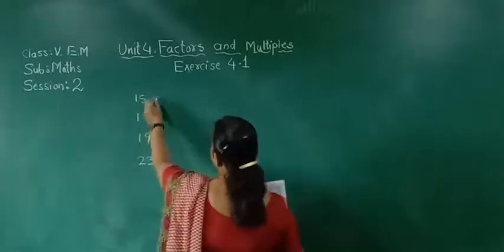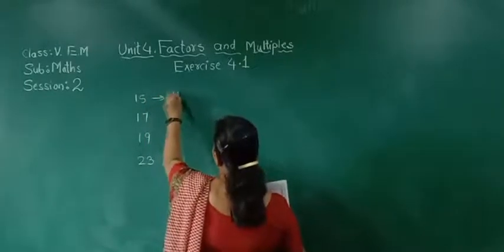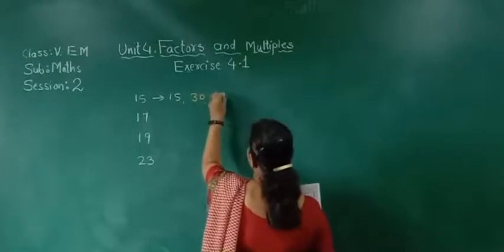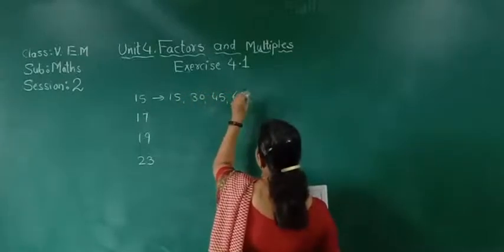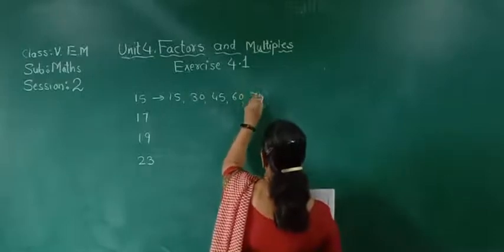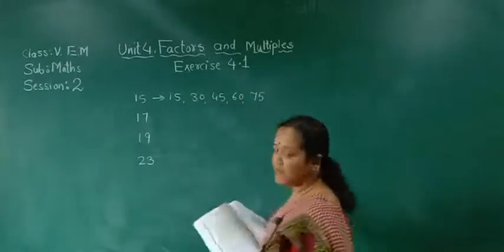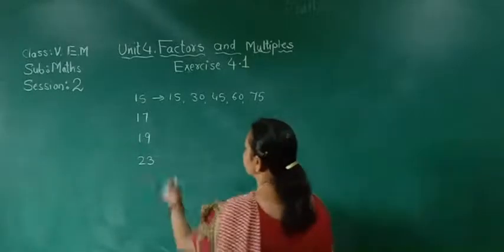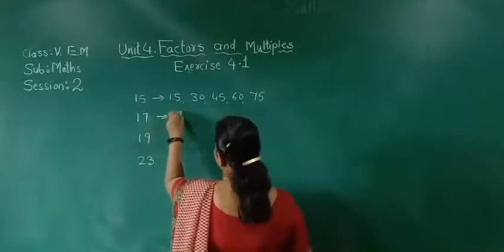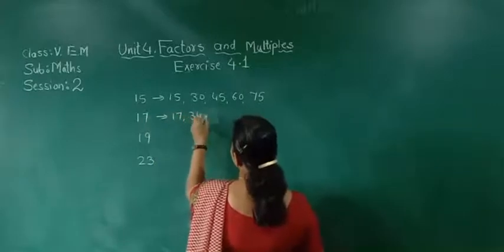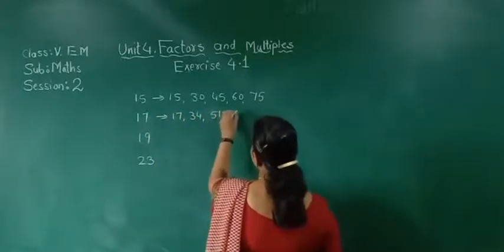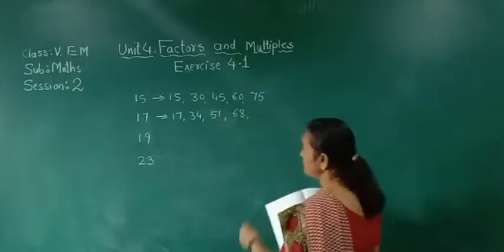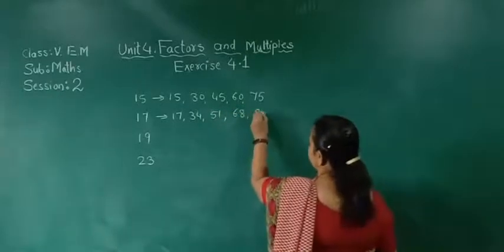So here 15 ones are 15, 15 twos are 30, 15 threes are 45, 15 fours are 60, and 15 fives are 75. These are the 5 multiples of 15. Similarly, 17 ones are 17, 17 twos are 34, 17 threes are 51, 17 fours are 68, and 17 fives are 85.